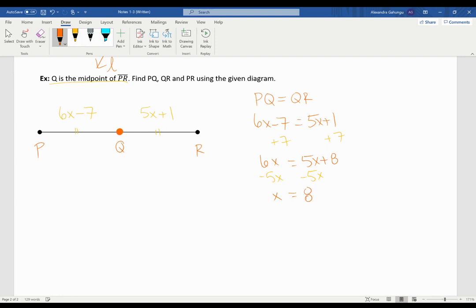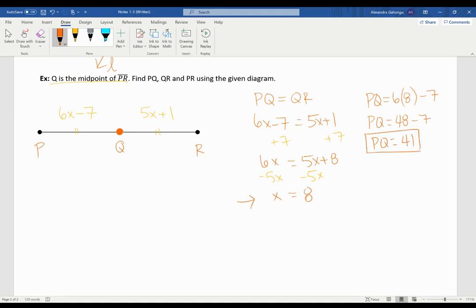Just like before, we want to solve for x first, and then we want to plug this x value in so we can actually figure out what PQ is. So PQ is 6x minus 7, but it's also 6 times 8, which is x, minus 7. So it's 48 minus 7, so PQ is 41.